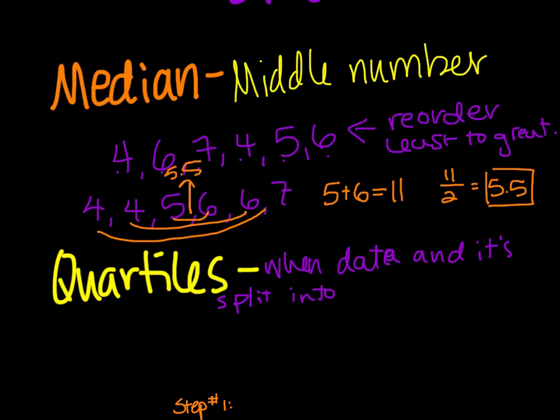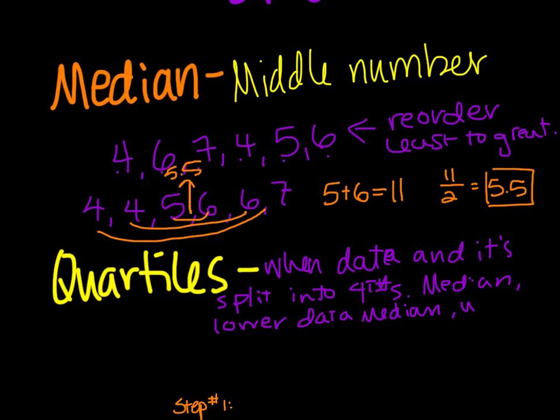So essentially you're taking the data and you are finding the median in the middle, and then you are taking the lower data and finding the median of the lower data, and then you're also doing the same thing with the upper data. Upper data, median.